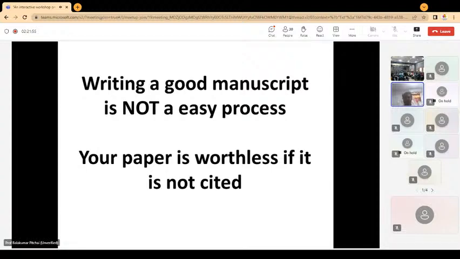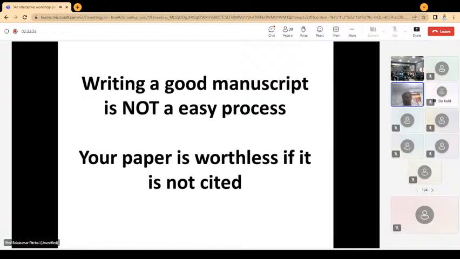For example, if your H-index is 20, it means you have published a minimum of 20 papers and all 20 papers have been cited a minimum of 20 times, maybe more. If your H-index is 15, that's all, you are eligible to become a professor in Gulf countries. That 15 is a Web of Science H-index, not a Google Scholar H-index.